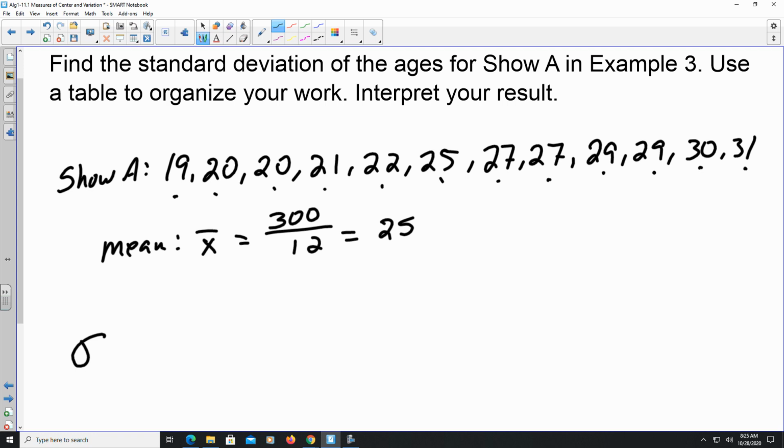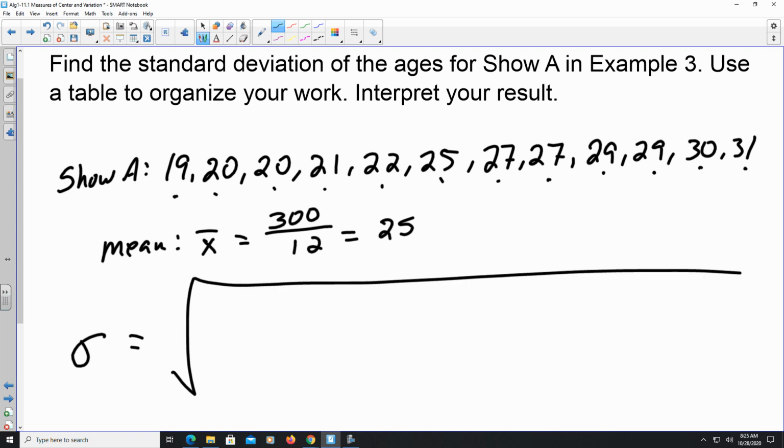I'm sorry, that's a bad symbol. I'm going to take the square root, and I'm going to look at the first piece of data, so 19. You take 19 minus 25, which is -6. -6 squared is 36. Plus 20 minus 25 is -5.